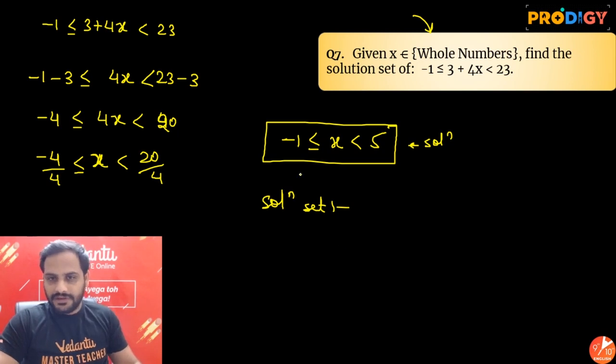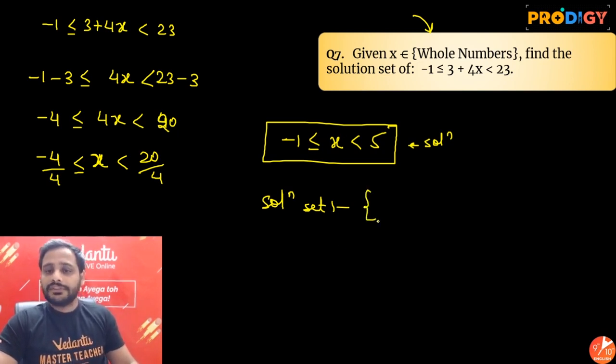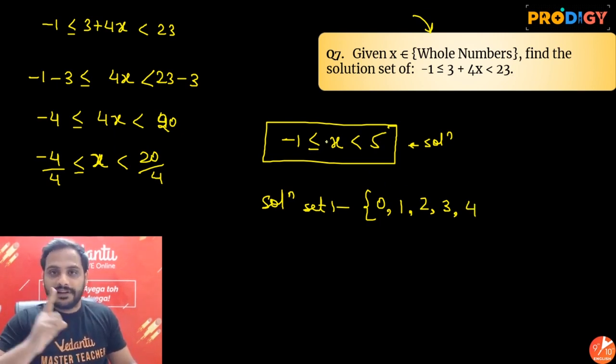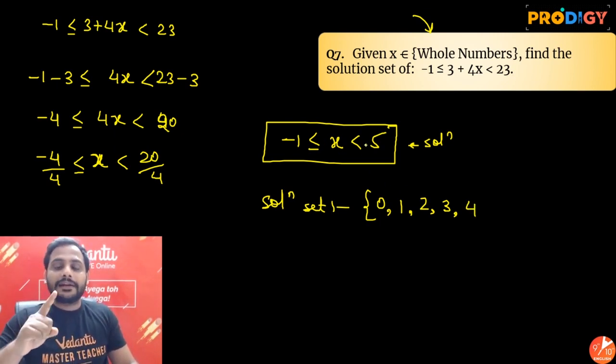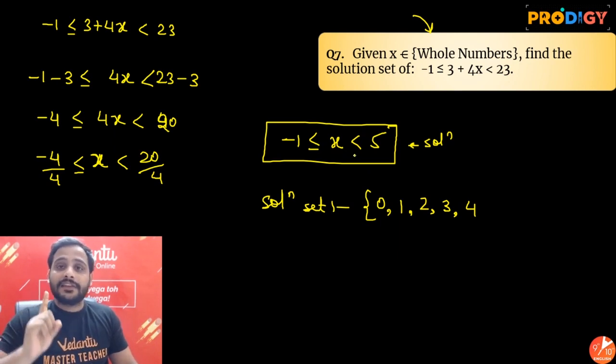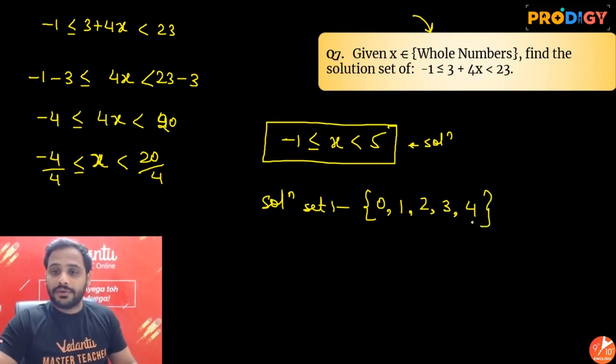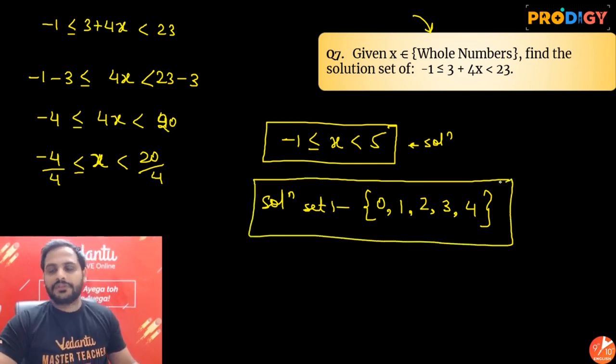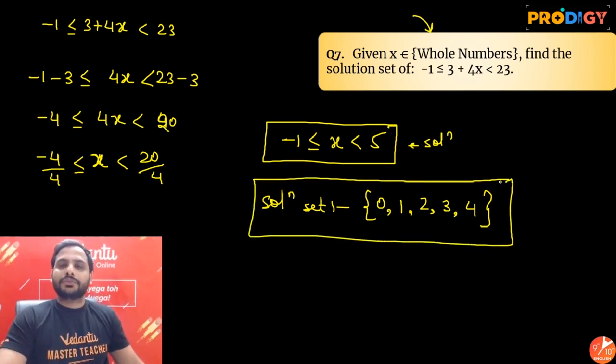So the first whole number in this range is 0, 1, 2, 3, 4. I will not include 5, because it is clearly written x is less than 5. That is why 5 will not be included. So the solution is 0, 1, 2, 3, 4.